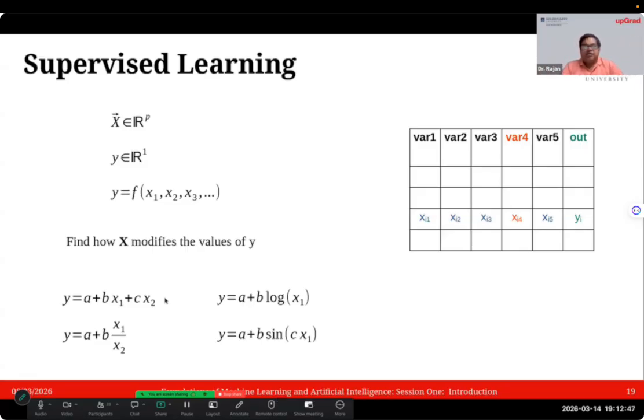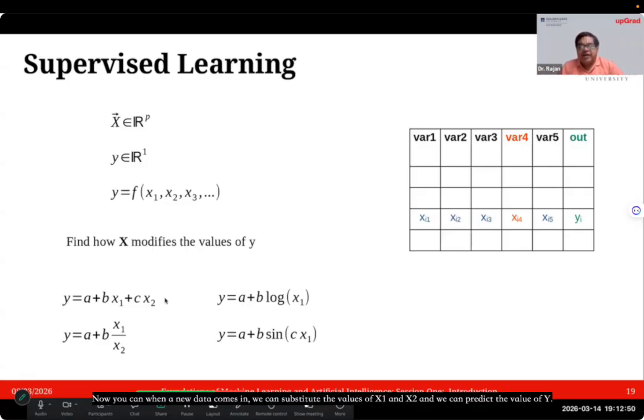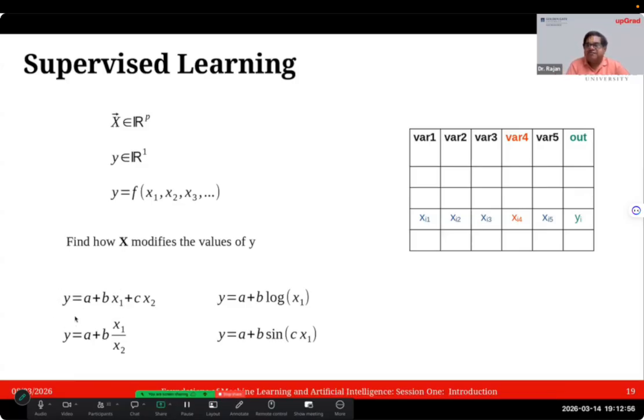That's the best model. Now when new data comes in, we can substitute the values of x1 and x2 and predict the value of Y. That's what supervised learning is all about, and this is the idea of a model.